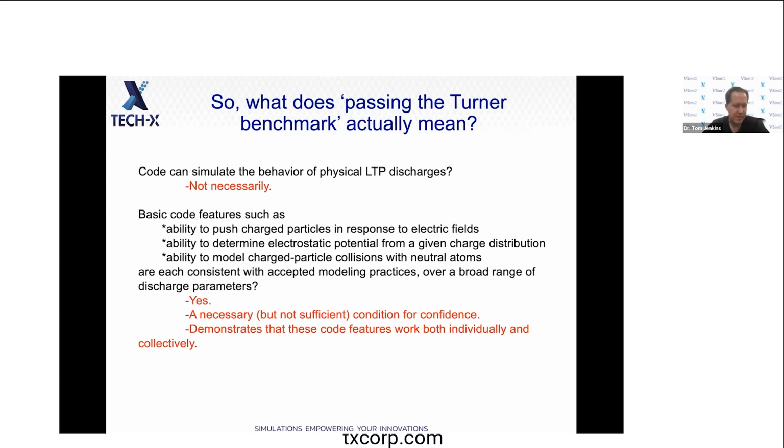So the mathematicians would say that these are necessary but not sufficient conditions for things to be proven. And these benchmarks are a bit that way. If we can pass the benchmarks, then we have confidence that at least some parts of our code work well and can do the detailed physics that our customers are interested in using for their more complex discharge models. We feel confident about that.